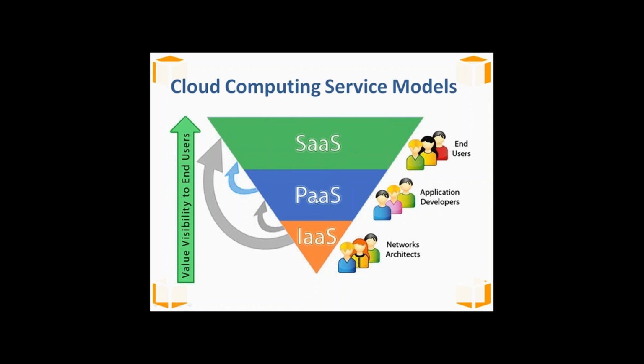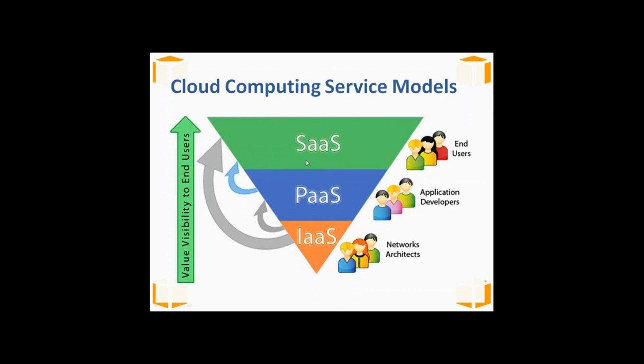They make use of this service model, whereas the network architect makes use of IaaS. This is the value visibility to the end user. So you can see that between the end users, there is an application developer as well as a network architect coming into the picture. I just want to talk about the relationship here. The network architecture helps PaaS as well as SaaS. So that is what this diagram tries to tell you.